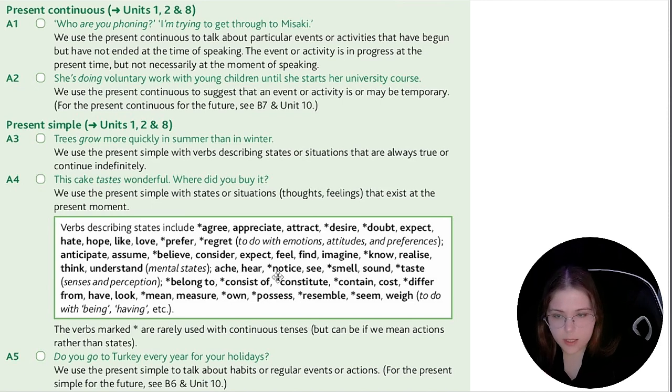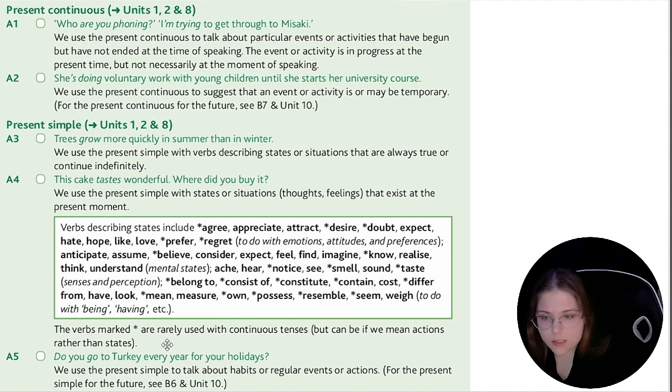Ache, hear, notice, see, smell, sound, taste, senses and perception. Belong to, consist of, constitute, contain, cost, differ from, have, look, mean, measure, own, possess, resemble, seem, weigh. To do with being or having.